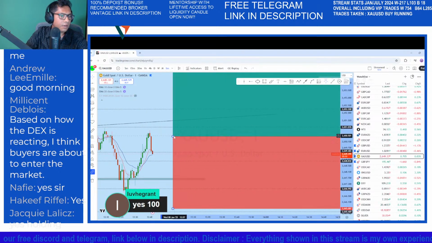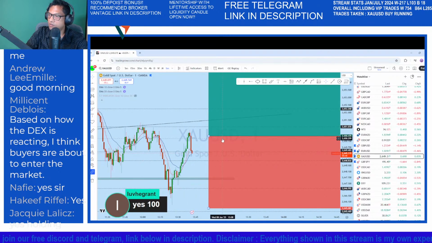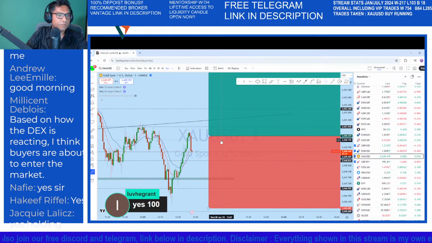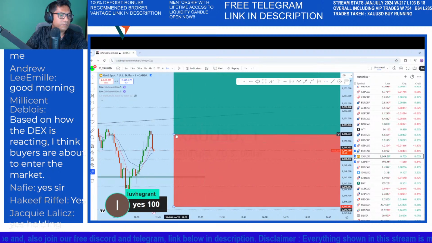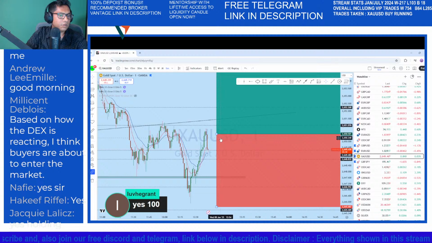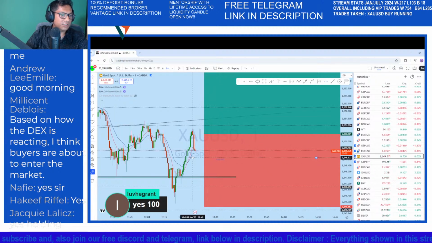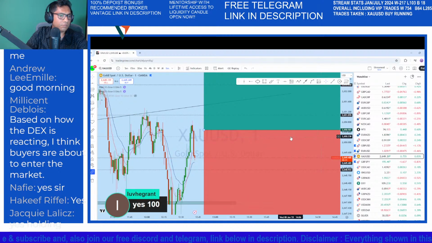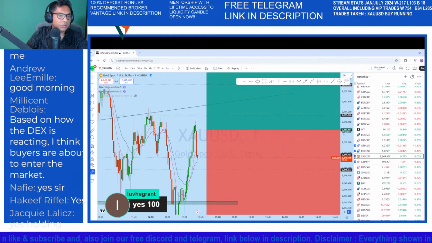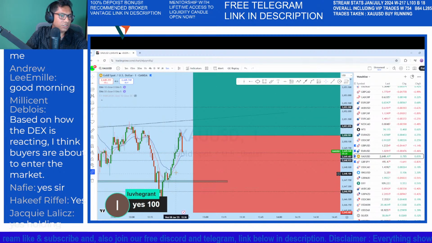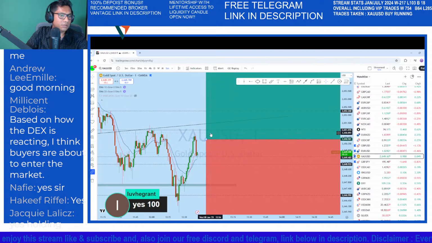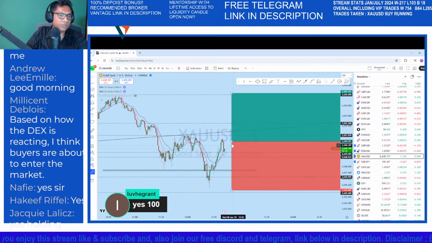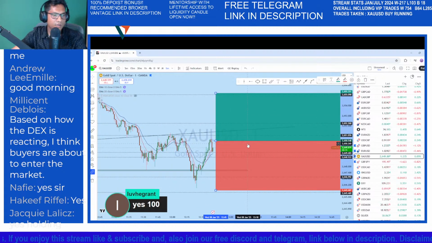Okay, now it got a rejection, but still holding it, because if the market is with the news, as it has got a rejection from here, expecting it to revert back to the daily resistance.